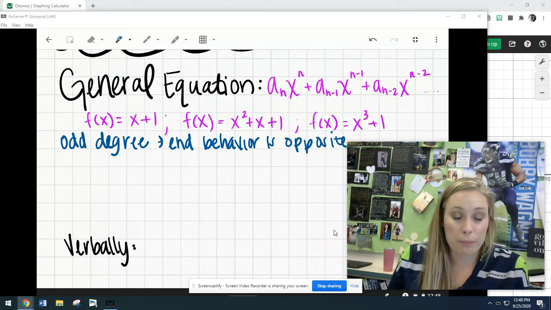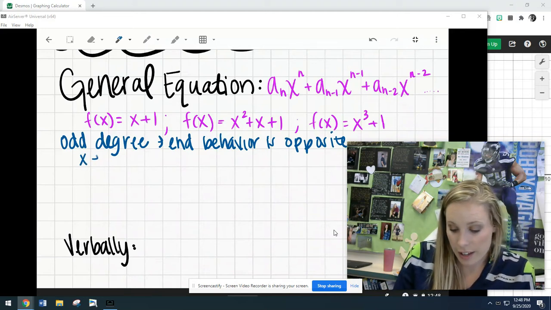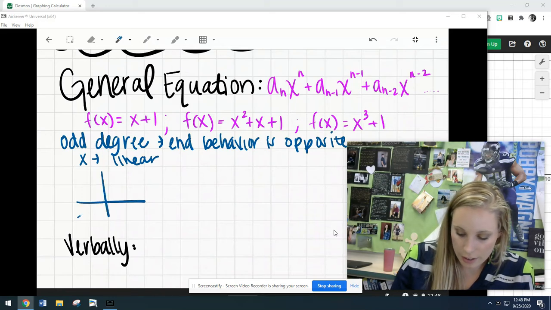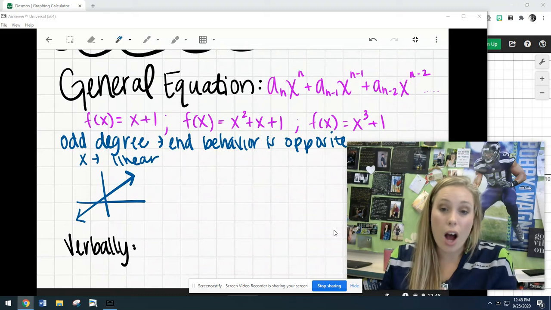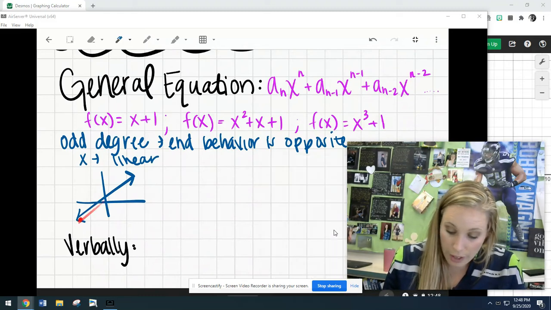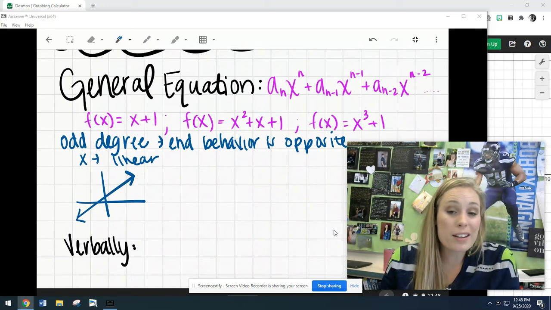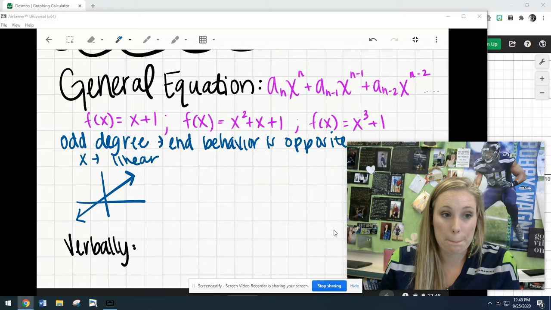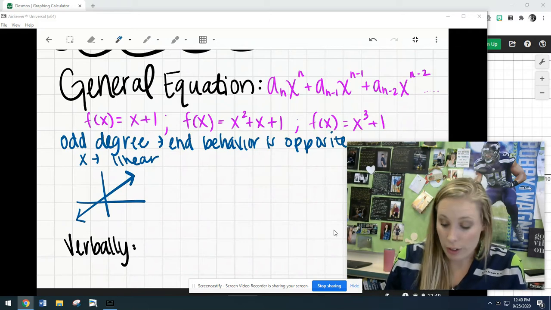So for example, if you have a degree of 1, that's linear, and it looks like this. Our ends are in opposite directions. We have one end over here that is going forever in the negative direction, and we have this end over here that's going forever in the positive direction. That is not the only odd degreed function.